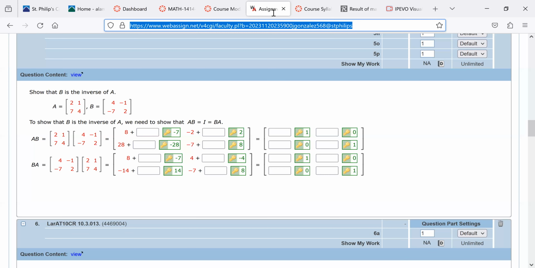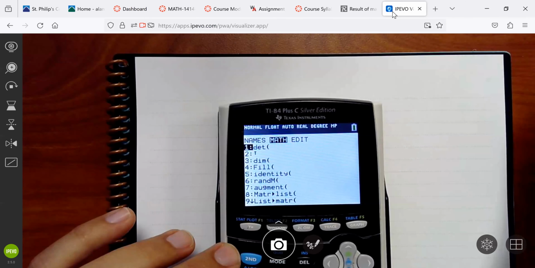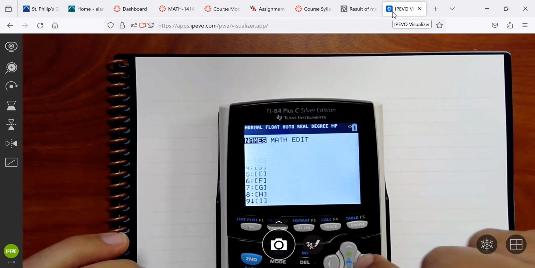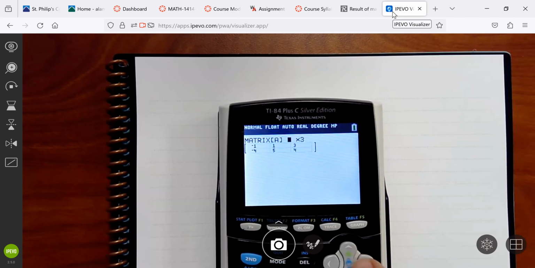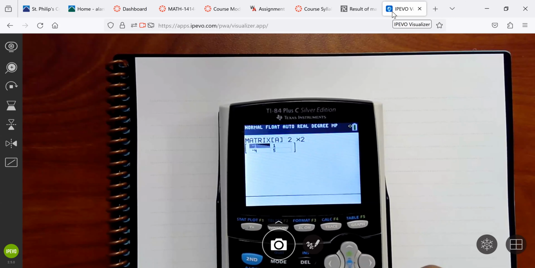The matrices were 2, 1, 7, 4. So go to the second matrix. Edit. Make a 2 by 2. Oops, that's too big. 1, 7.